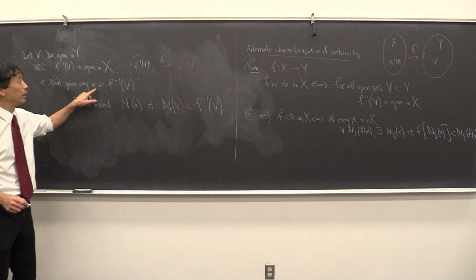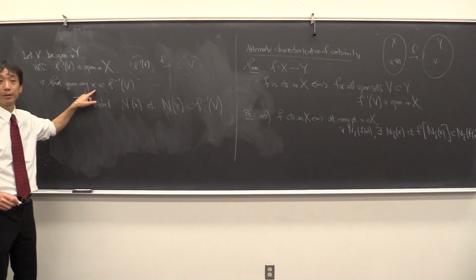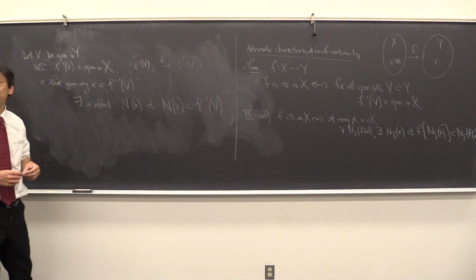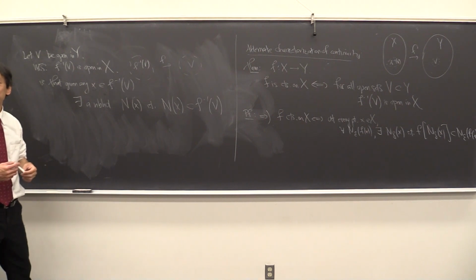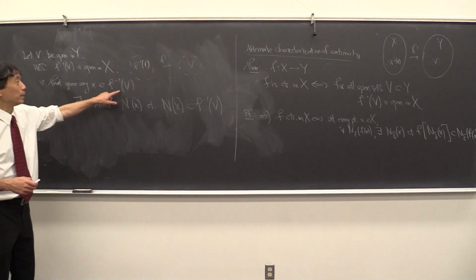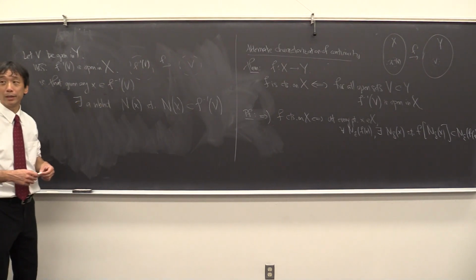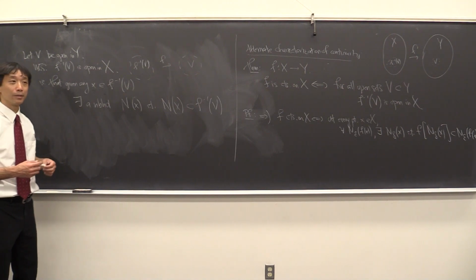How do we know that x is an interior point? You have to find that neighborhood, by definition, such that all the elements in that neighborhood are also elements in this inverse set. Yeah.